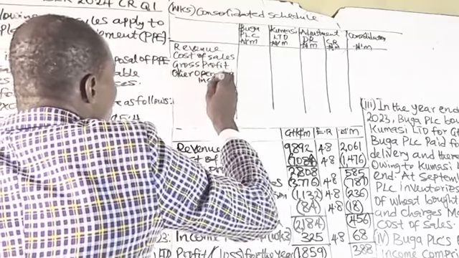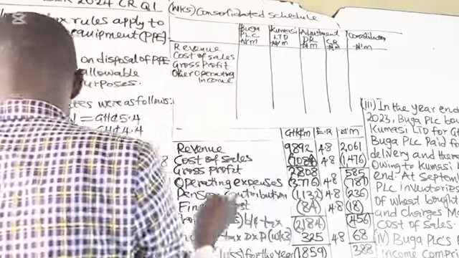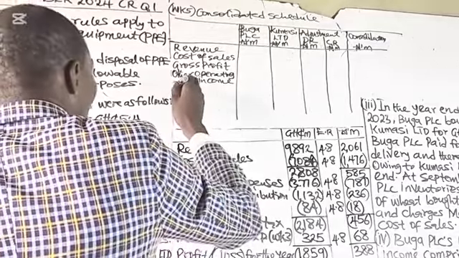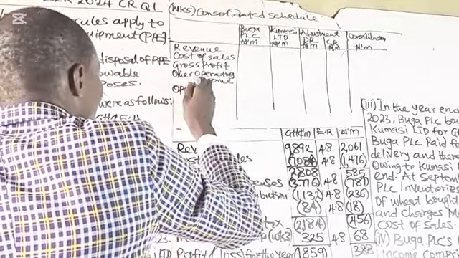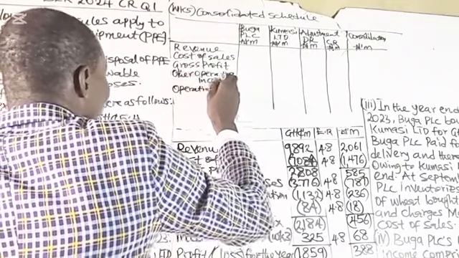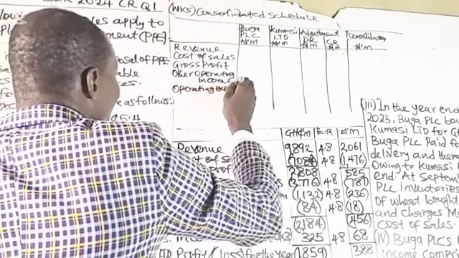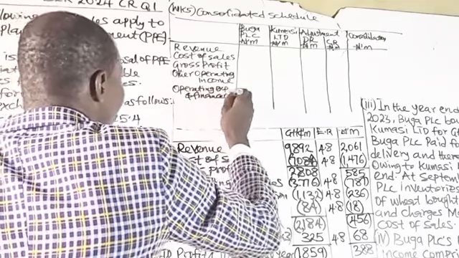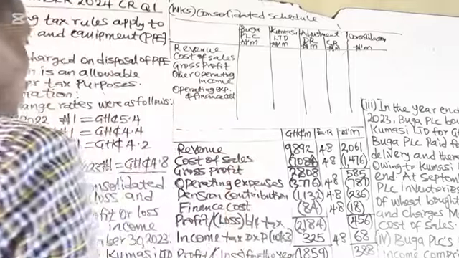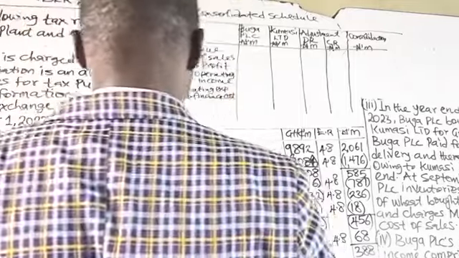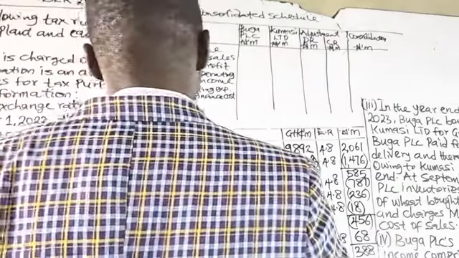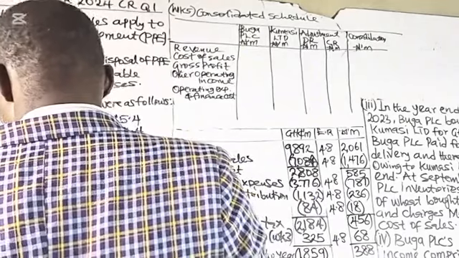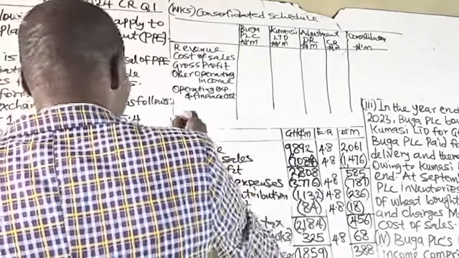After other operating income, we have operating expense and finance costs, because finance costs have been included in the subsidiary's statement of profit or loss. Then after that, we have profit or loss before tax.